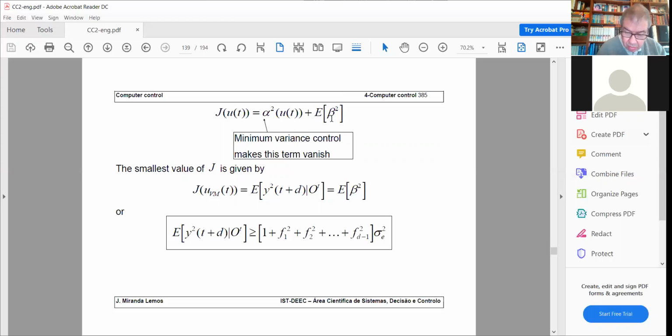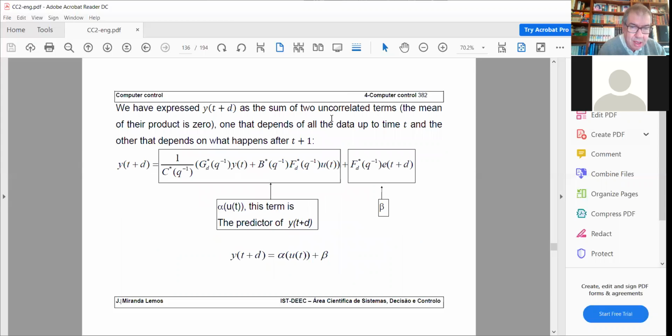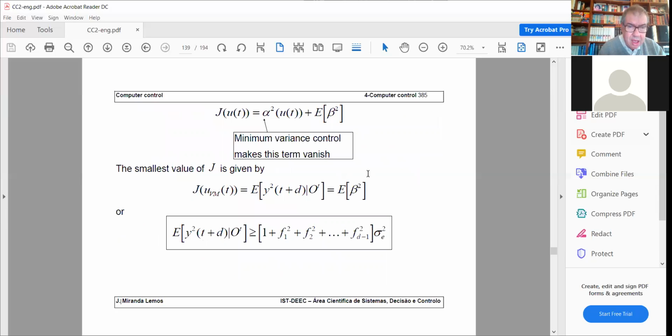But beta, remember, what is beta? Let's go back. Beta is a linear combination of future values of e multiplied by the coefficients of F. Now, if you take the square and then the expected value, all the cross-coupling terms, say e of t plus 1 with e of t plus 2, or e of t plus 4 and e of t plus 1, are all 0 when you take the expectations.